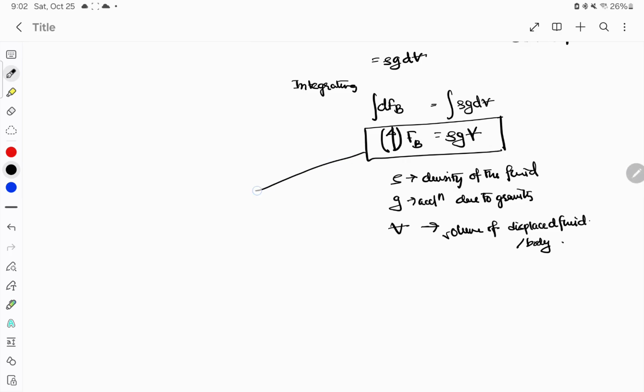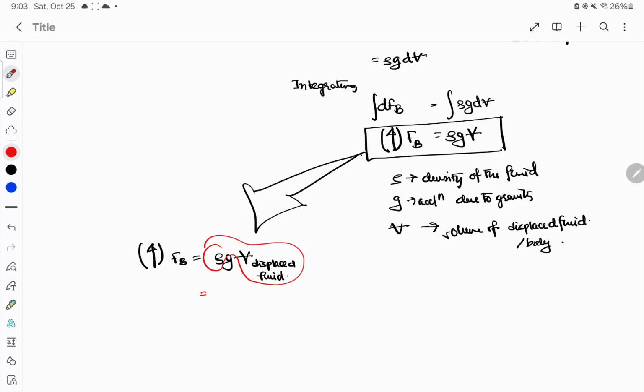So finally we come to the buoyant force, which is in the upward direction, given as rho g V of the displaced fluid. We already know that if we multiply rho into V, we get mass, and then mass into g will be weight.